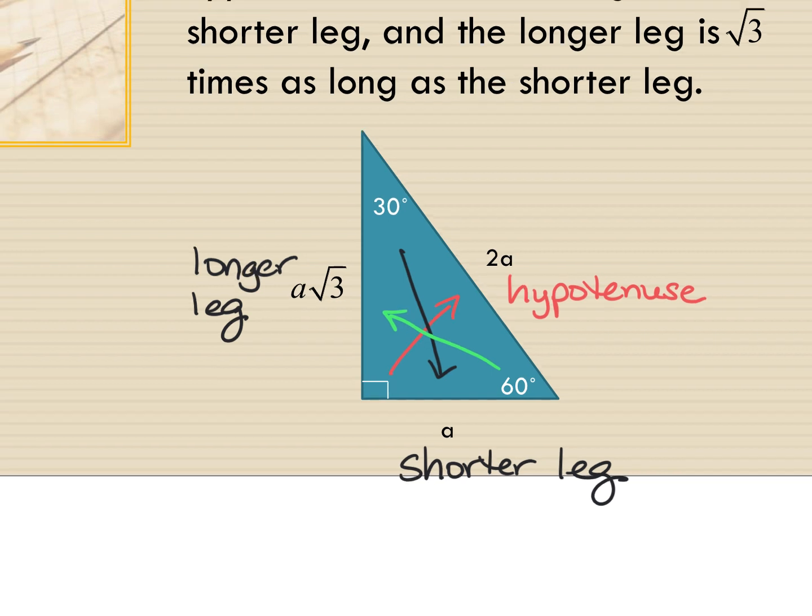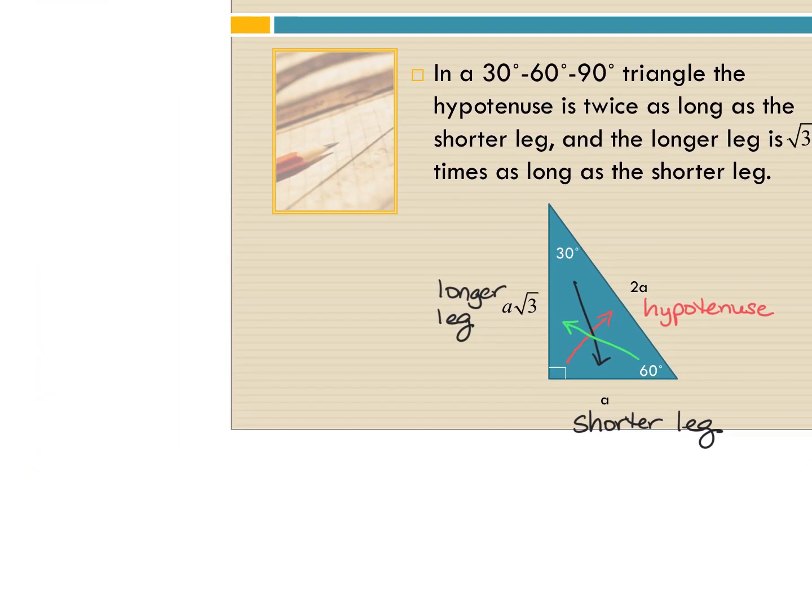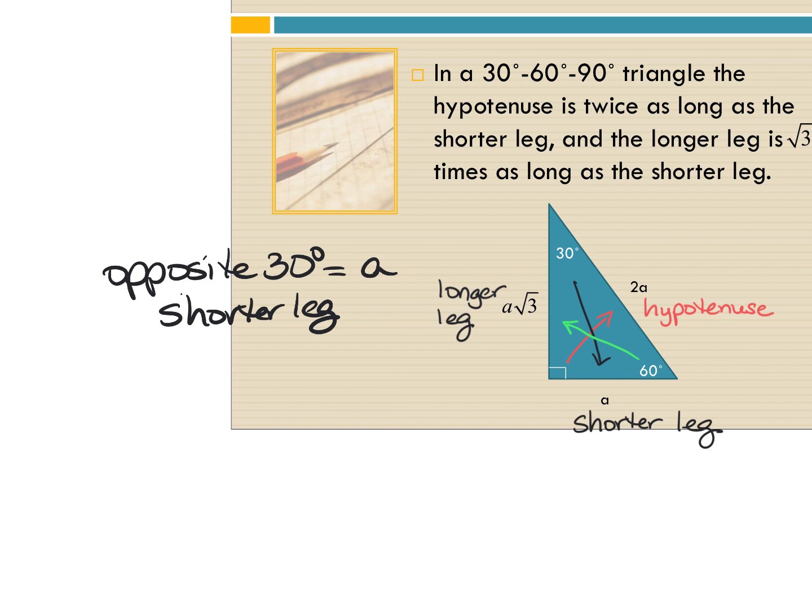So what you're memorizing is the side that is opposite to the 30 is equal to A. This is the shorter leg. This is everything I just wrote on the picture. And then opposite to the 60 is going to be equal to A times the square root of 3.